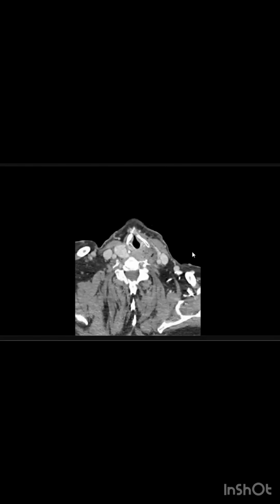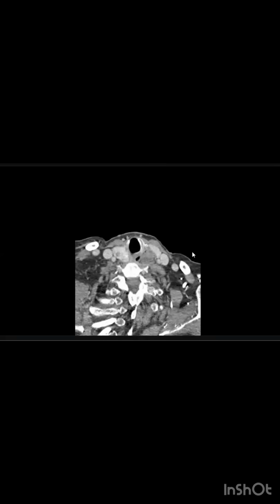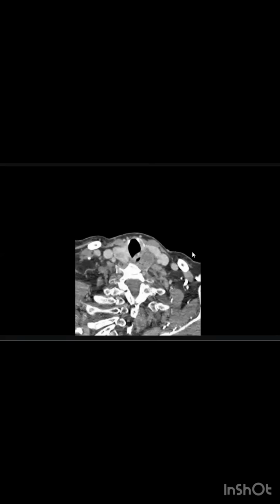Now I'm trying to look for any additional lymphadenopathy and any other focal lesion. I'm not able to appreciate any abnormality on the right paramedian side. Visualized vessels are normal with no evidence of any thrombus within the internal jugular vein or the visualized carotid vessels.